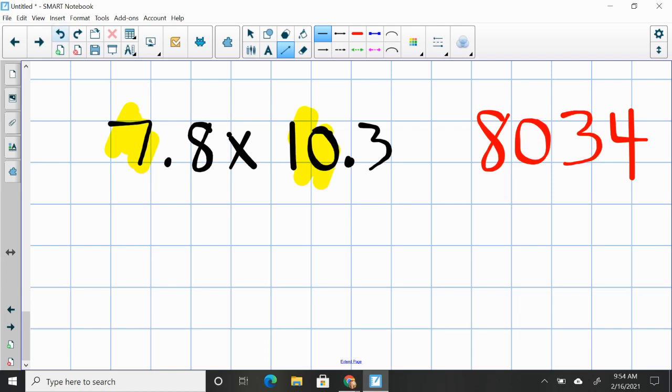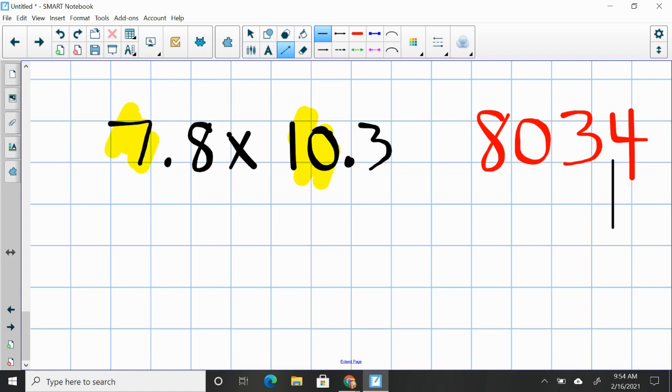If I put my decimal point here, that's going to give me 80.34. That's close to 70, correct? Yes. If I put my decimal point here, what is that going to give me? Yeah, that's going to be 803 4/10. That's way too big.